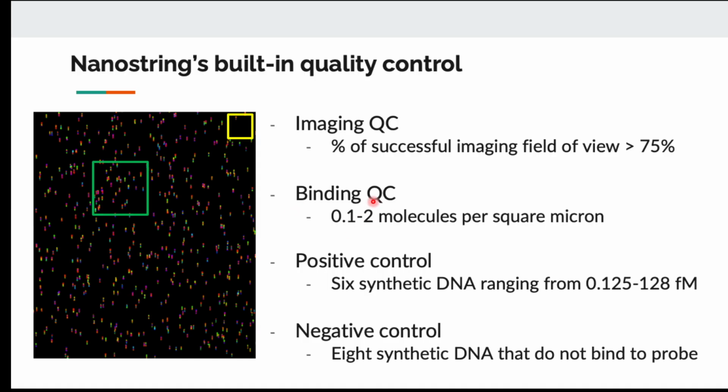So for NanoString analysis, they're going to have some expected RNA concentration that you should produce, and that would produce a certain density of fluorescence in the image. So they're going to check for that. Do we have the right amount of signal given the target RNA concentration that we put in?